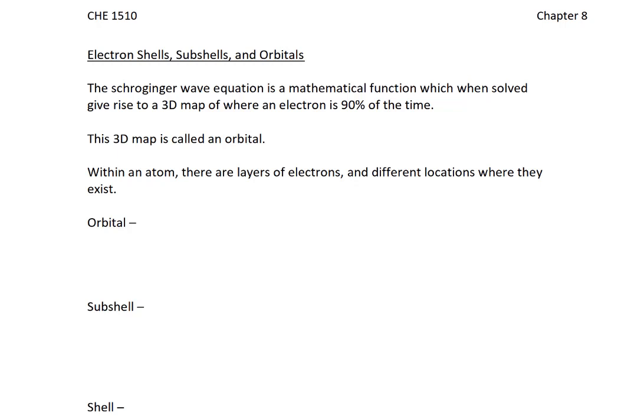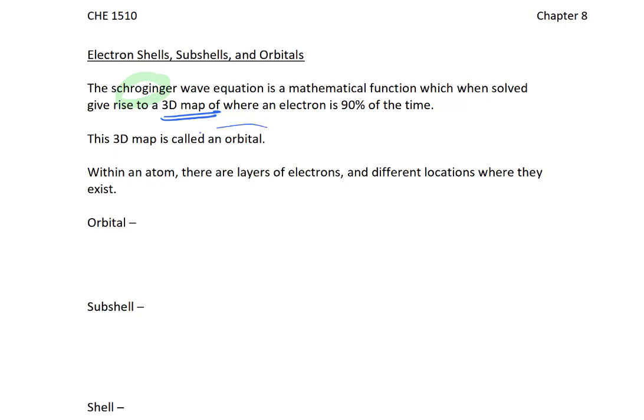In this video, we're going to talk about electron shells, subshells, and orbitals. So the Schrodinger wave equation, which, mind you, I accidentally spelled wrong, there should definitely be a D in that, is really just a big math function. And like any other math function, it has a solution, and that solution, when graphed, is a 3D map of where an electron spends most of its time.